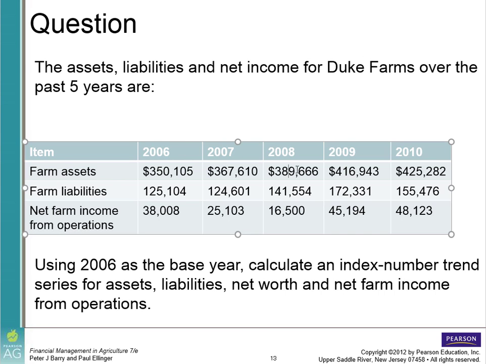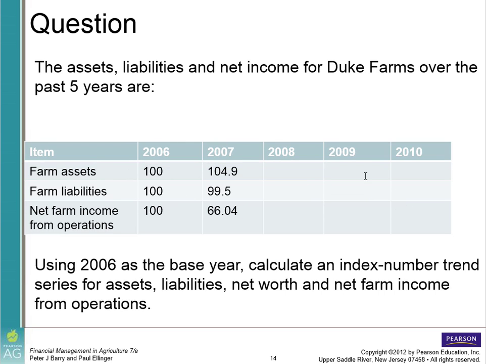Then for 2008, this is the value in the current year divided by the value in the base year, and then of course times 100. I'm going to leave these for you to stop the video and finish up. Then let's move on to the next thing.